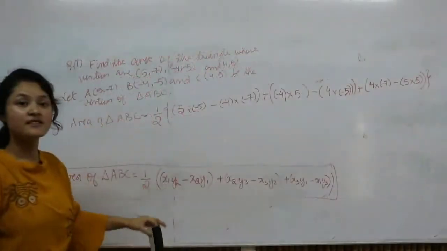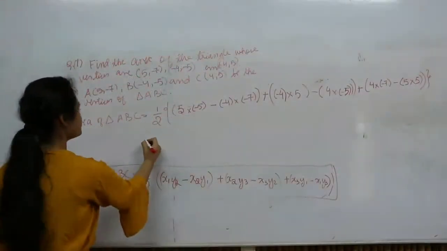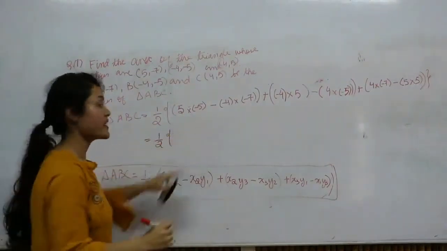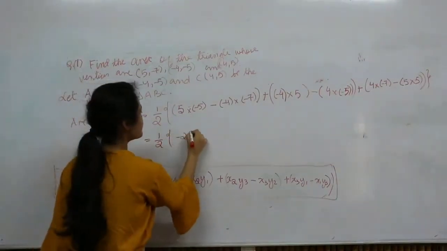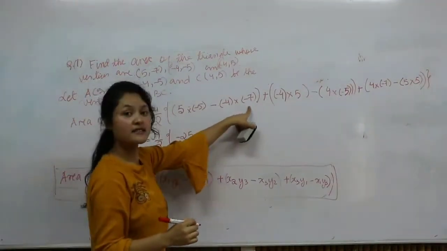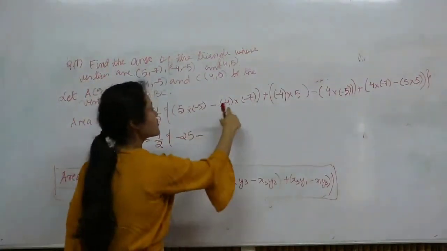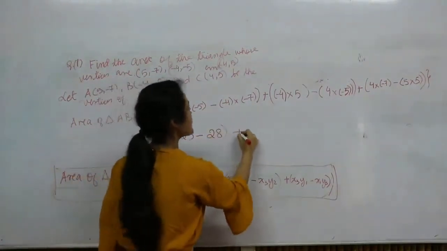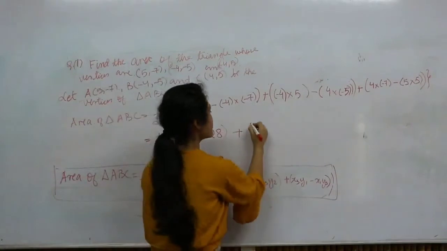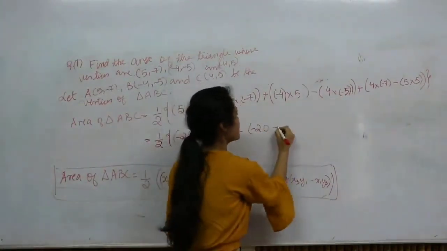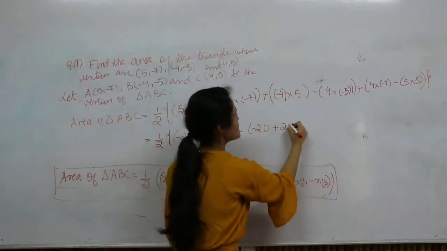So now we simplify this one. Half, 5 into minus 5 minus 25. Here minus to minus plus, plus into minus, minus 4 into 7, 28. This is 1 plus minus 4 into 5 minus 20, minus into minus you will get plus 4 into 5, 20.